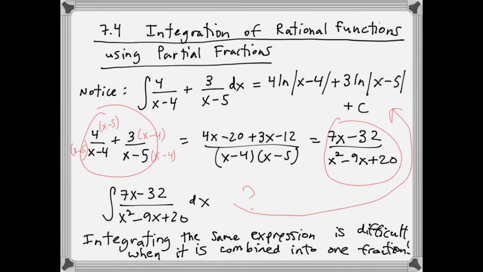Okay? So, we need a way to break these things apart. We know how to put together two fractions and add them and get a more complicated fraction, but how do we go the opposite? How do we take 7x minus 32 over x squared minus 9x plus 20 and write it as 4 over x minus 4 plus 3 over x minus 5?